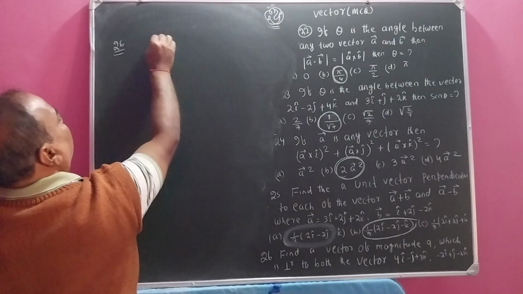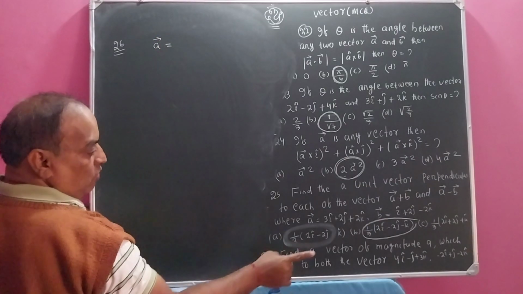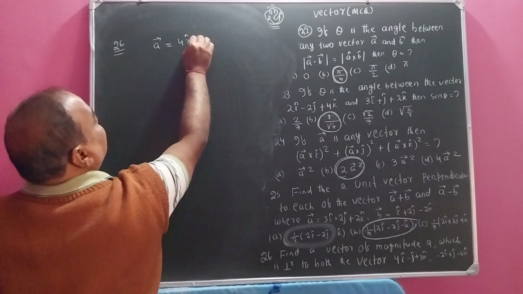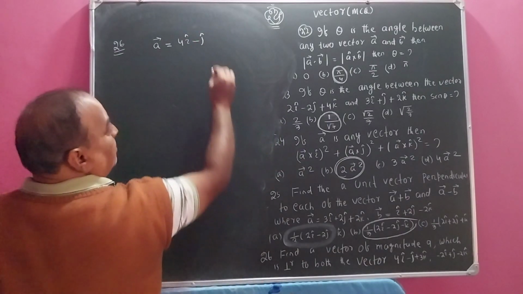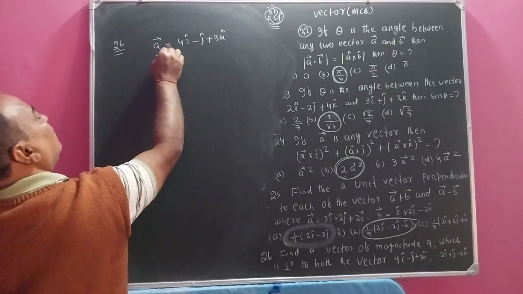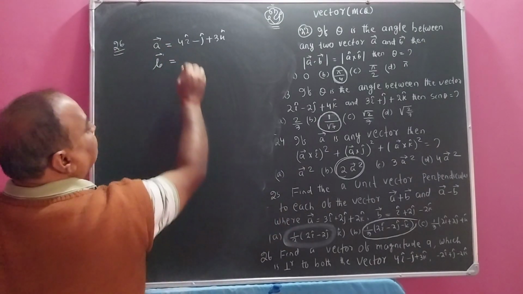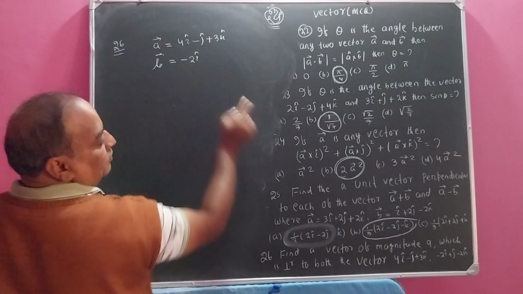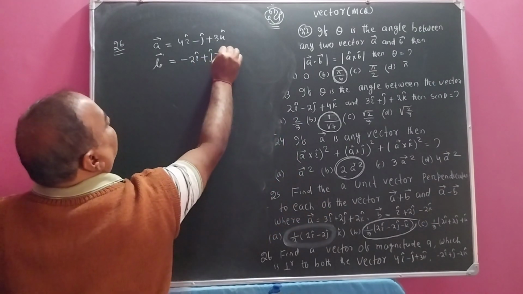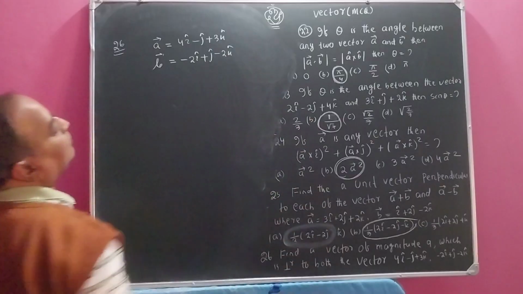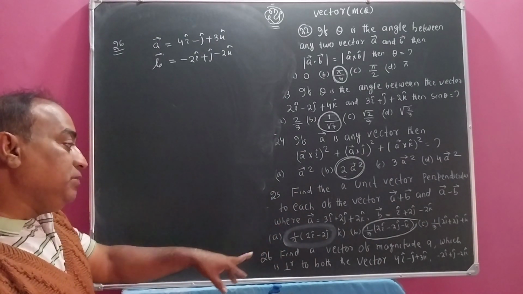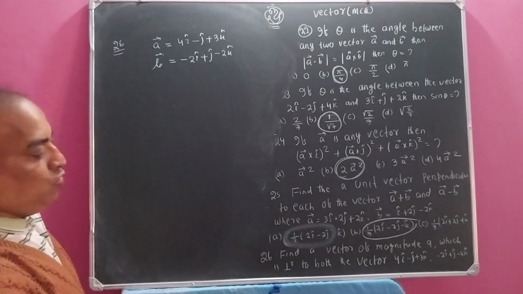Let a vector is equal to 4i cap minus j cap plus 3k cap. B vector given as minus 2i cap plus j cap, it is minus 2k cap. Okay. Find a vector of magnitude 9 which is perpendicular to both this vector.